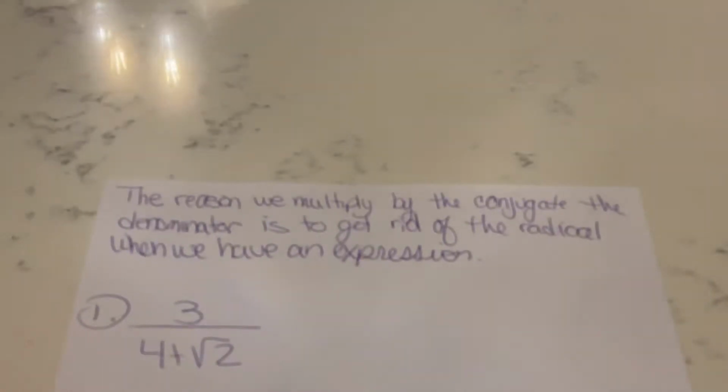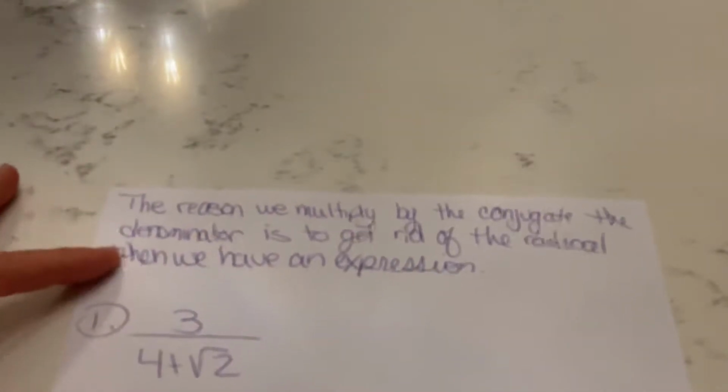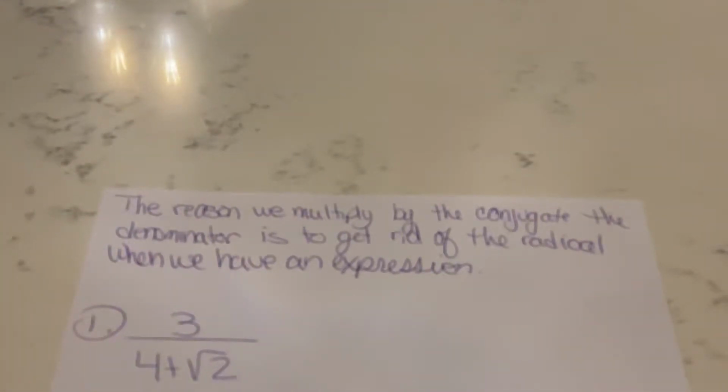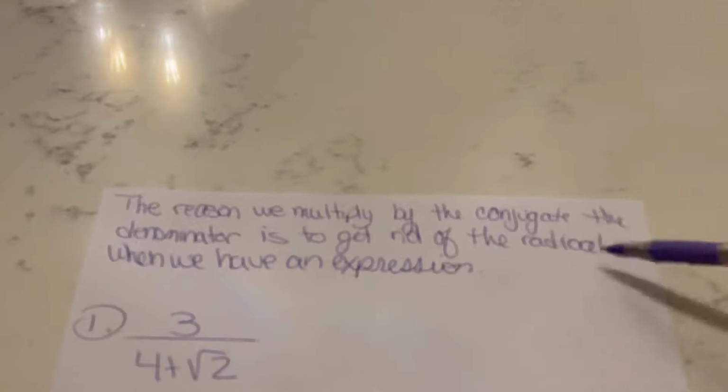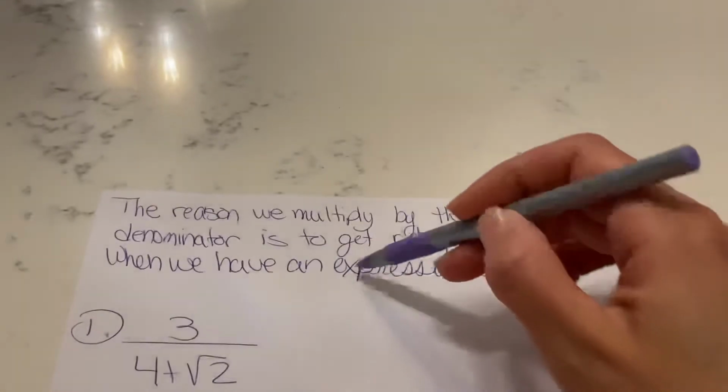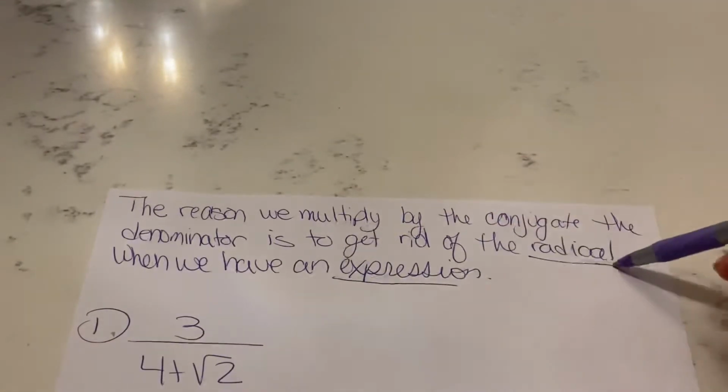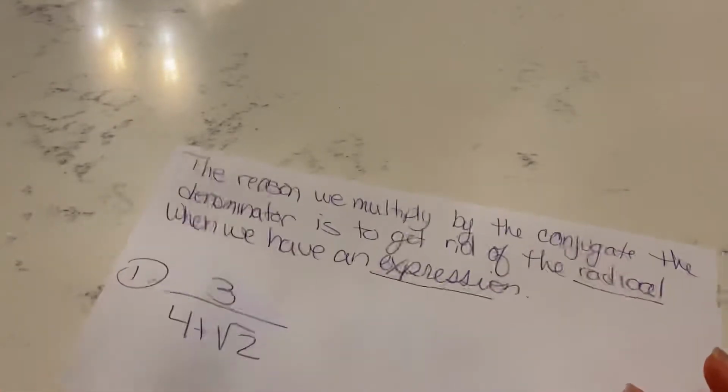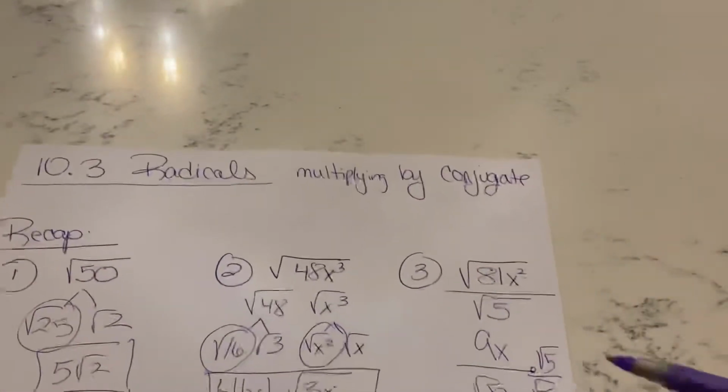The reason we're multiplying by the conjugate is because, remember, in the denominator, we're not allowed to leave a radical.